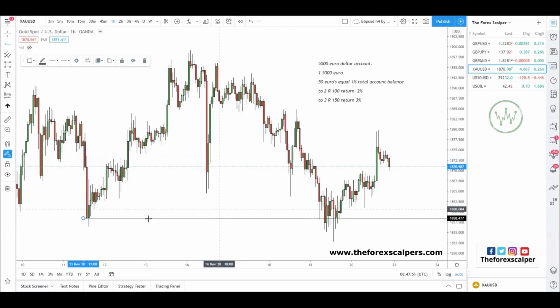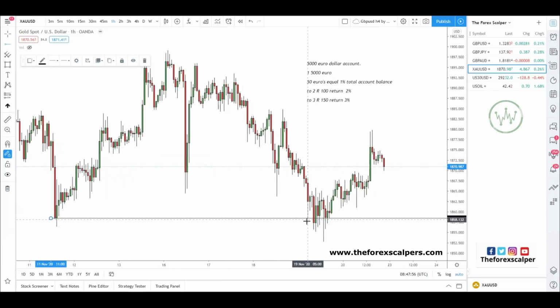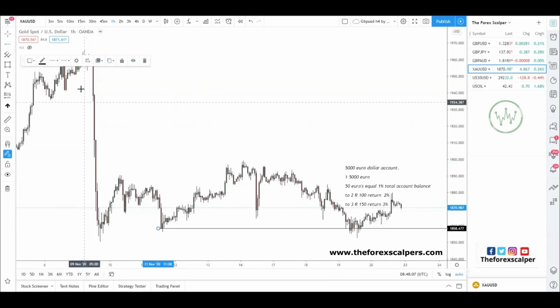For example, I have added a level right here, and you can see those nice spikes within this level, and you can see that nice manipulation. So you can imagine, because you can see that gold was overall downtrending right here.